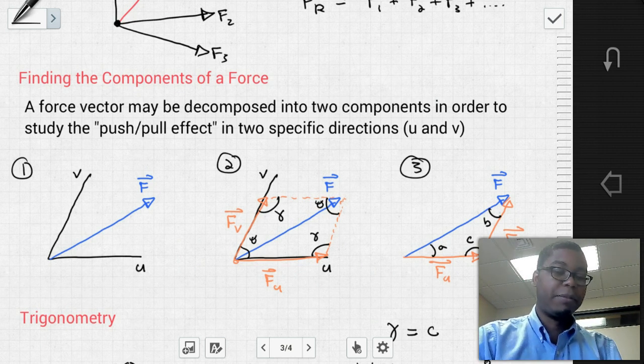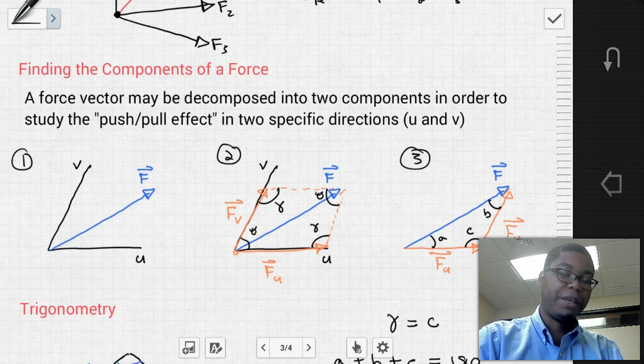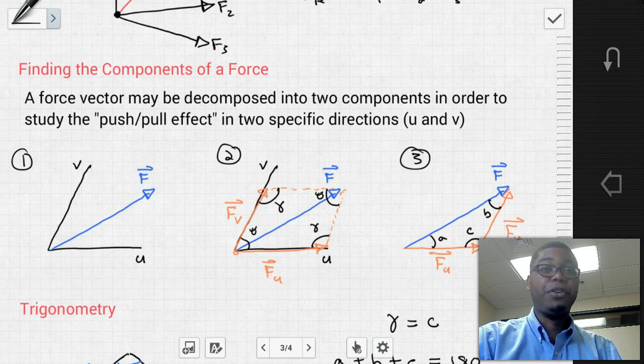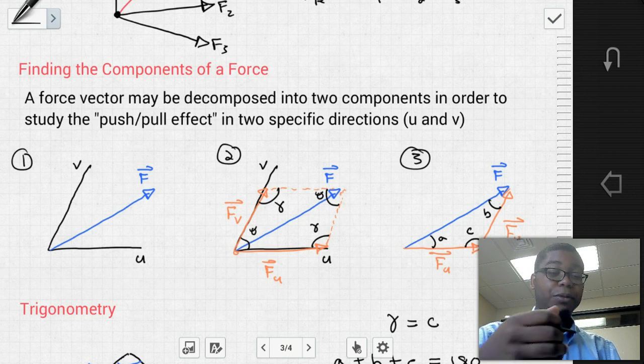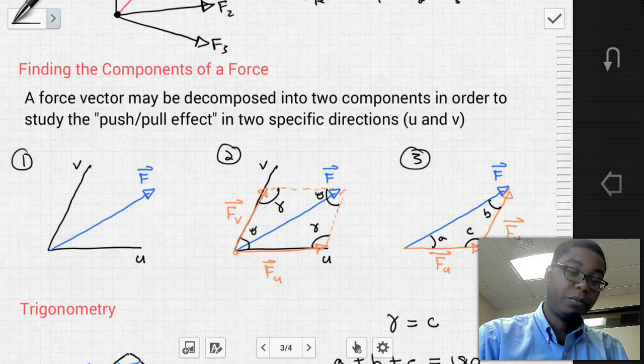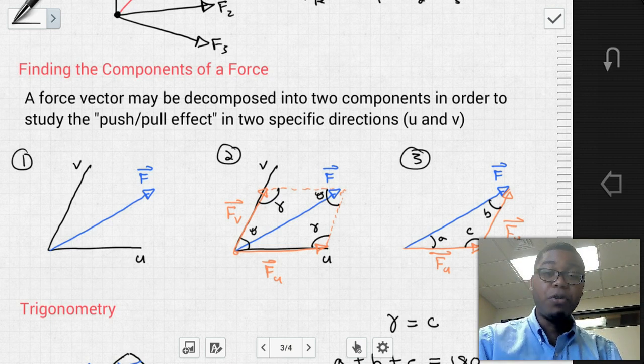In this example, I use directions U and V. Typically, you'd use direction X, Y, or Z and decompose a force into those types of coordinates. However, you can decompose a force using any coordinate system you choose. This is a useful property that you'll probably use later on in the semester.